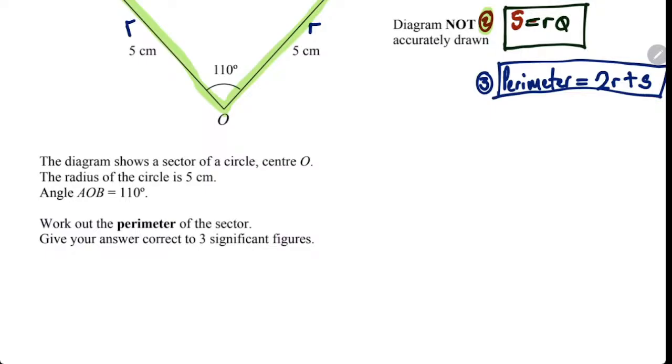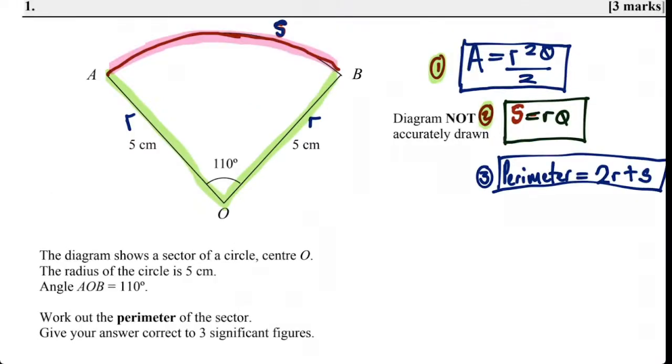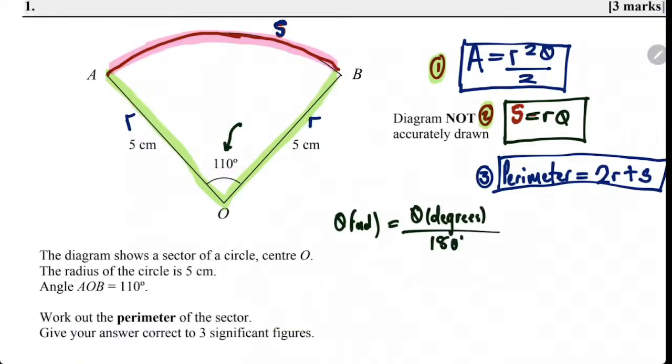Now, one of the reasons why it's hard for people is because this theta should not be in degrees, it should be in rad. And we said if you want your theta in rad, you start with the theta in degrees that you have, you divide it by 180 degrees and you multiply by pi rad.